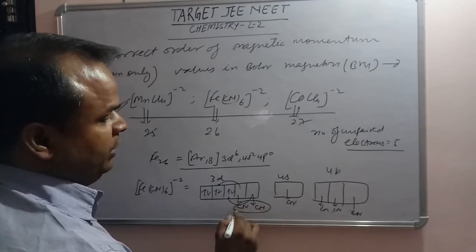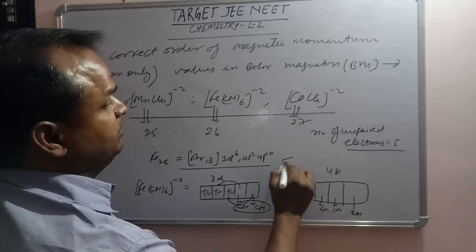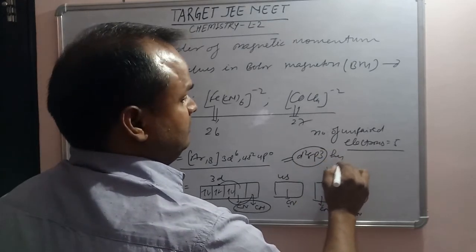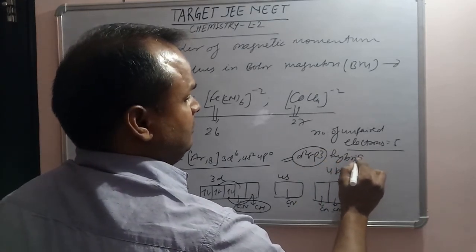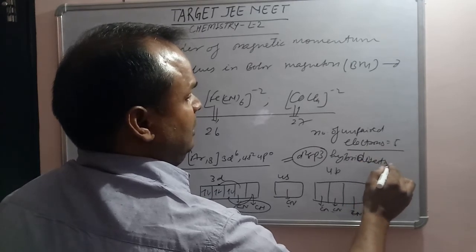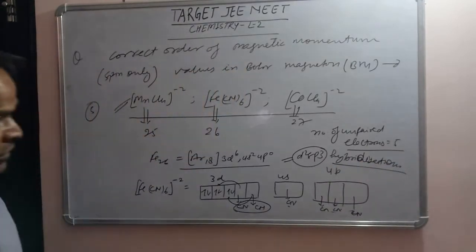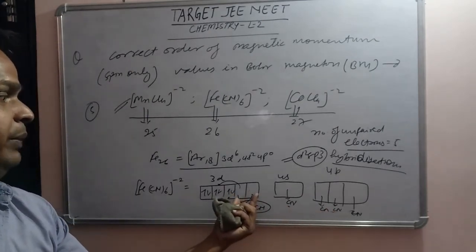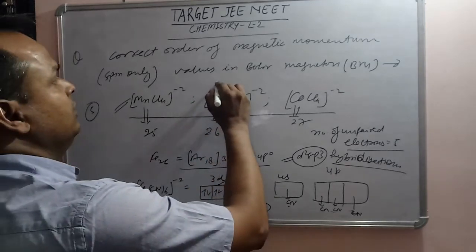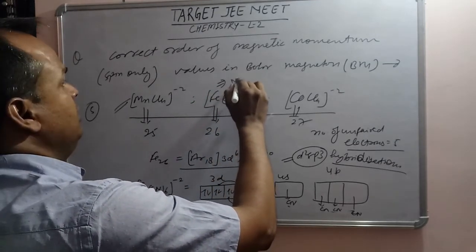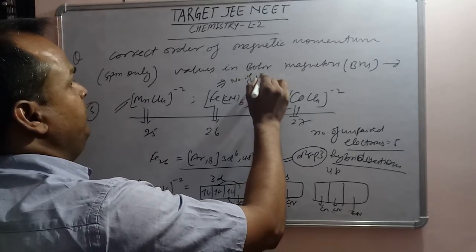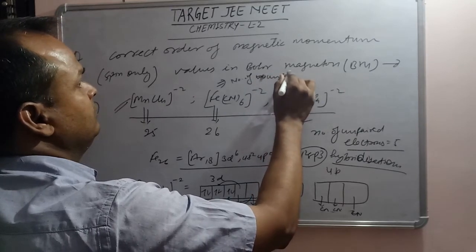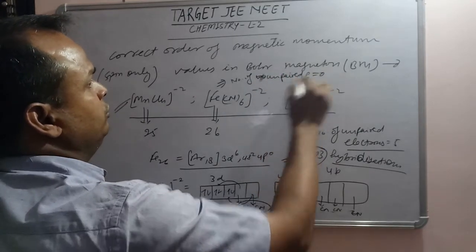So 2d, 1s and 3p, this becomes d2sp3 hybridization. Now by this figure you can clearly say that there are no unpaired electrons. It means for here the number of unpaired electrons is equal to 0.